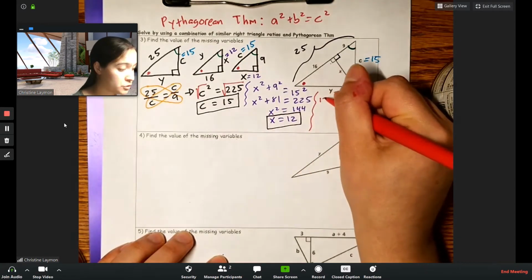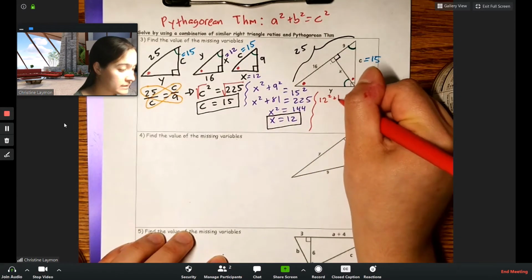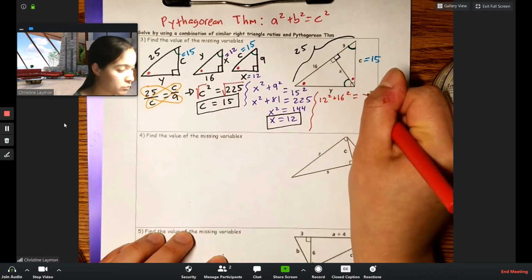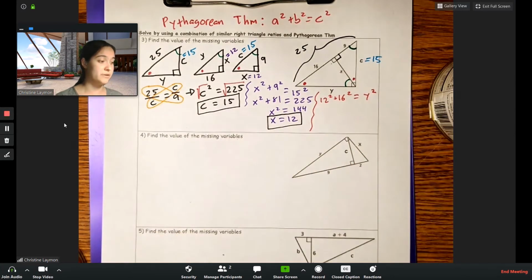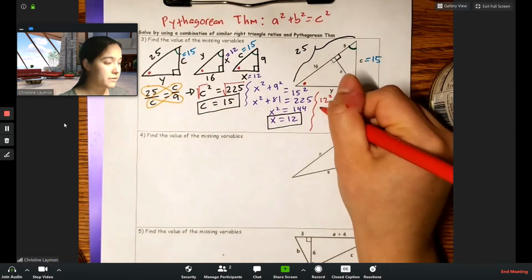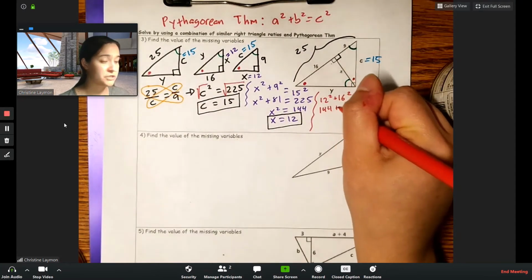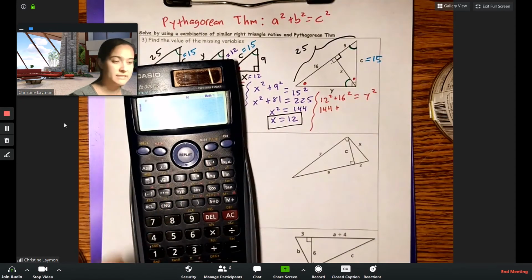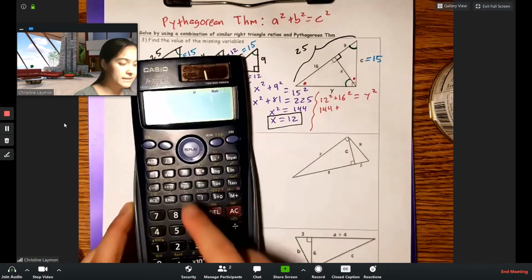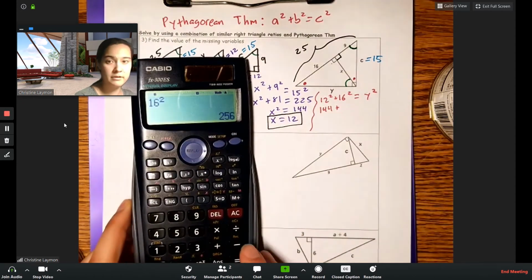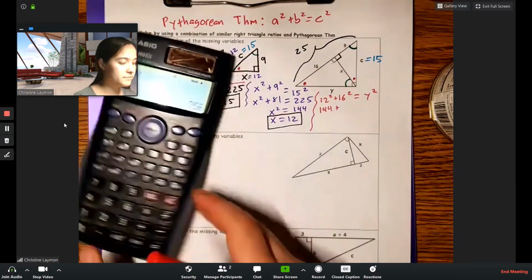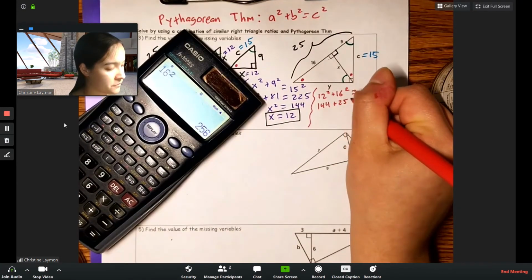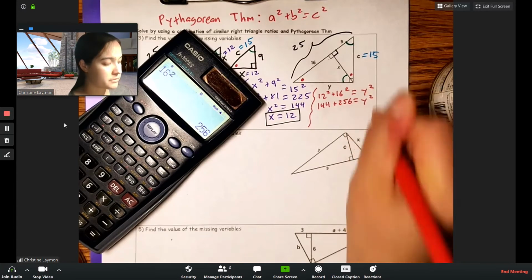So I'm going to do 12 squared plus 16 squared equals y squared. 12 squared is 144. We just used that a moment ago. 16 squared is 256. So plus 256 equals y squared.